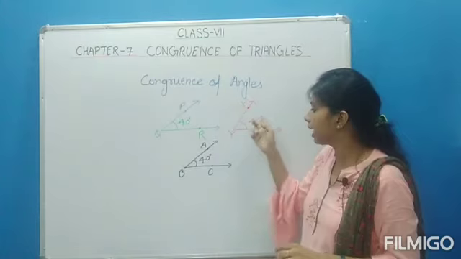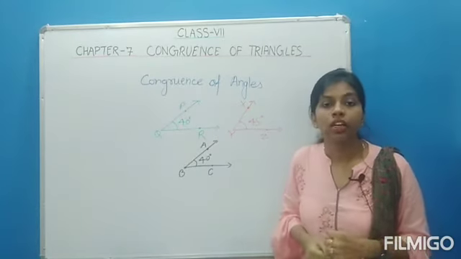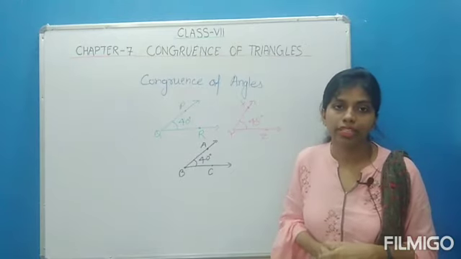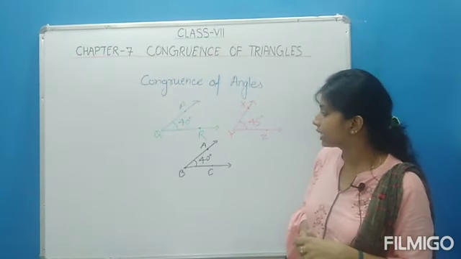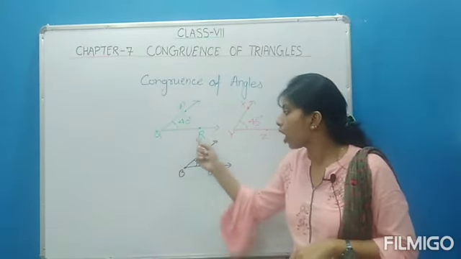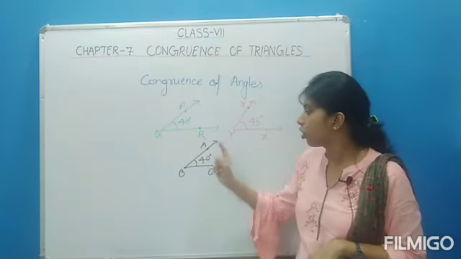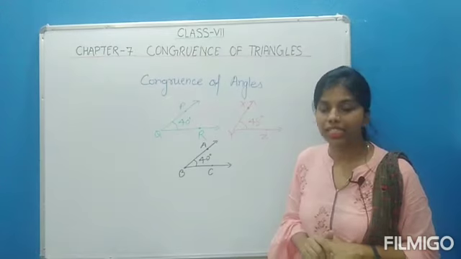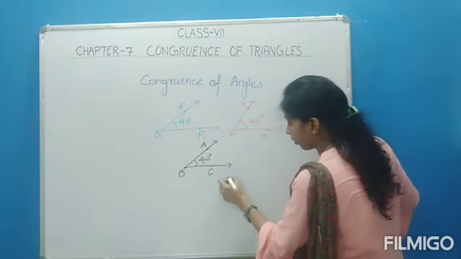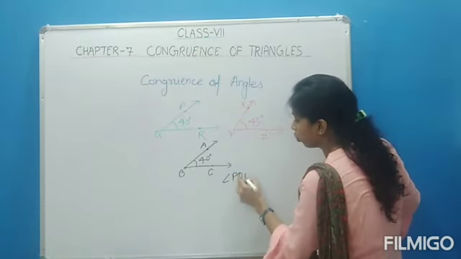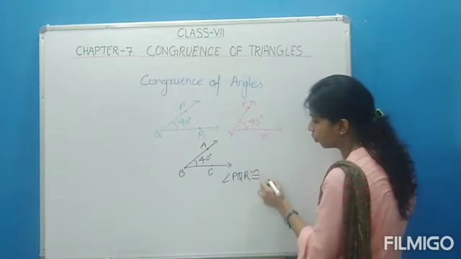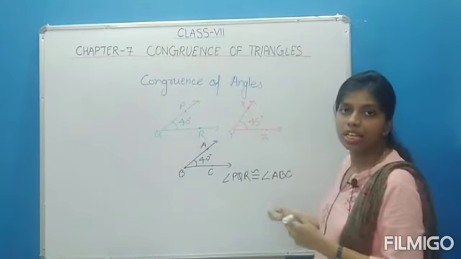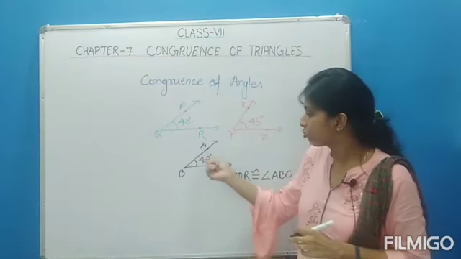Here we have three angles. Of course we know that two angles are congruent to each other if they have equal measurements. Angle PQR is 40 degree and angle ABC is also 40 degree. So we can say that angle PQR is congruent to angle ABC because their measurements are equal, that is 40 degree.